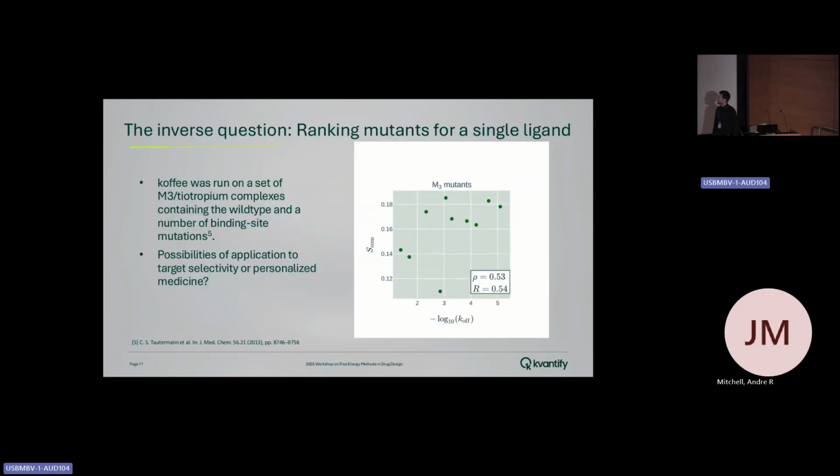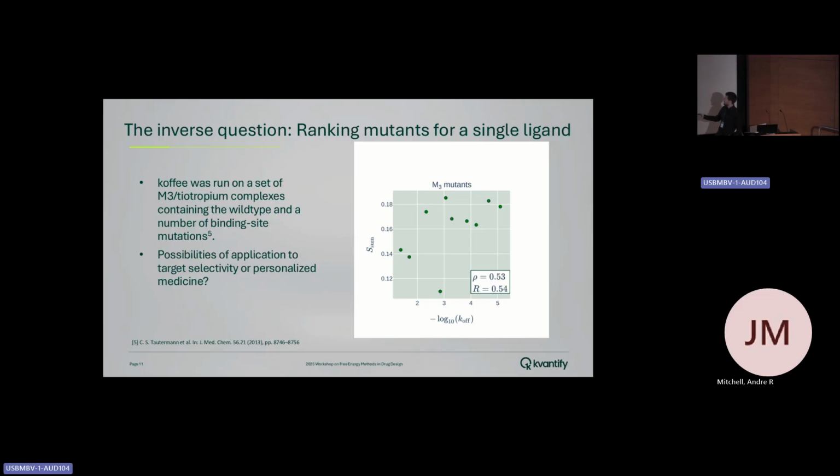Finally, we also tried to ask the inverse question. Can you use this approach to rank different mutants of the same protein for a given ligand? We don't have much data to work with here. We have been looking at the M3 receptor with tiotropium, a known very long residence time binder. And then we introduced a set of point mutations close to the binding site, and we had some experimental values that we could compare to.